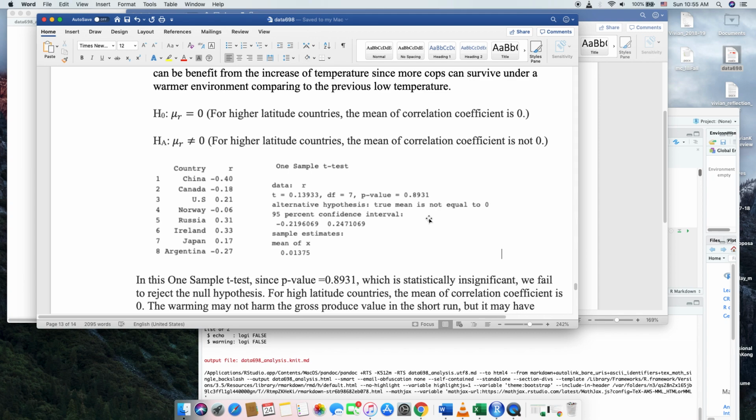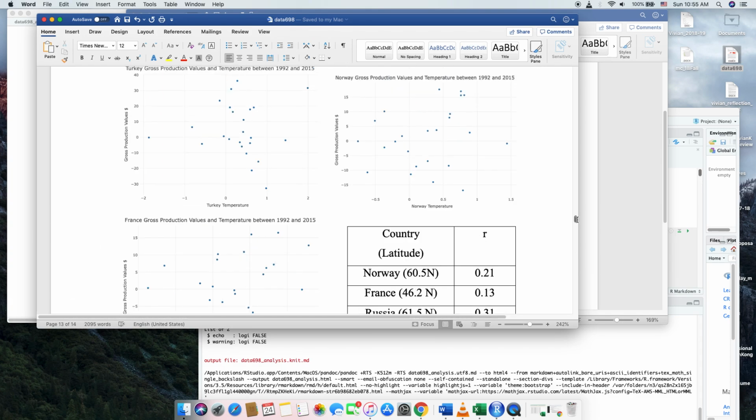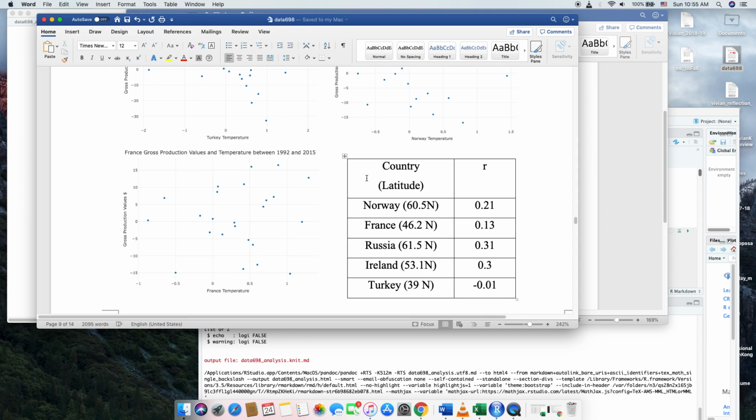But surprisingly, if you look at only the European countries, let me quickly go back to the Europe chart. For those European countries above 45 degrees north, Ireland, Russia, France, Norway, as you can see here, their correlation is relatively higher than other countries, especially for Russia and Ireland.